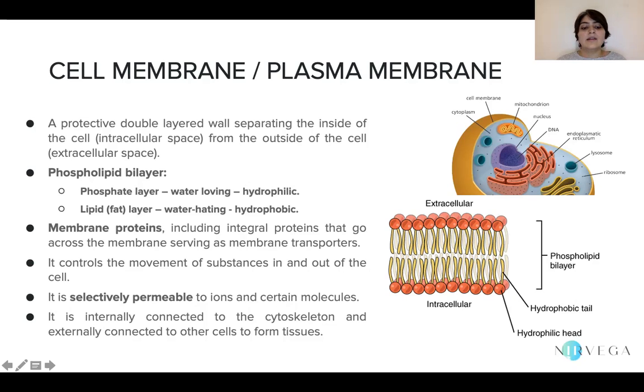And internally, the cell membrane will be connected to the cytoskeleton and the cytoplasm to help to form the mesh structure which helps to hold all the cell organelles together.